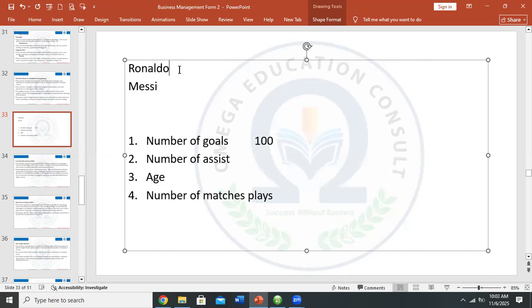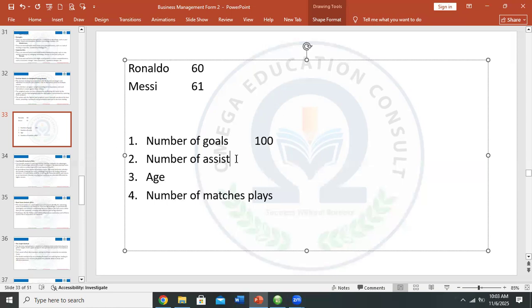Based on the goals that he has scored, Ronaldo would score 60, whilst Messi will score, let's say, 61. In fact, let me be biased. I love Messi. I'm a Barca fan. I'm sorry, but we are learning. So out of this criterion, number of goals, Ronaldo is scoring 60, Messi is scoring 61.